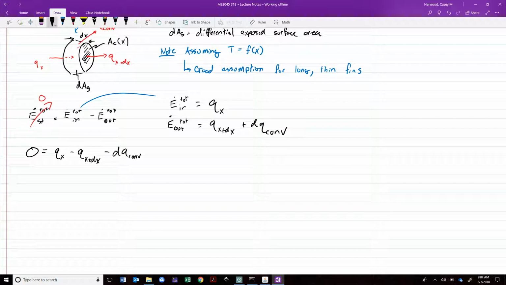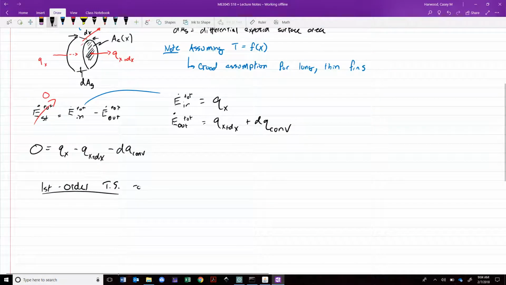All right. Anyone remember how we dealt with this term before? First order Taylor series. Perfect. So the first order Taylor series for qx plus dx basically tells us that qx plus dx is equal to qx plus partial x qx times dx.